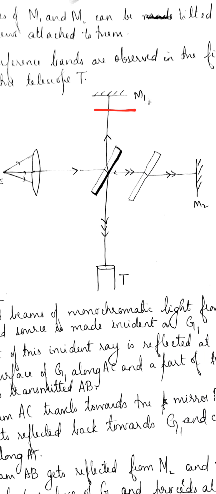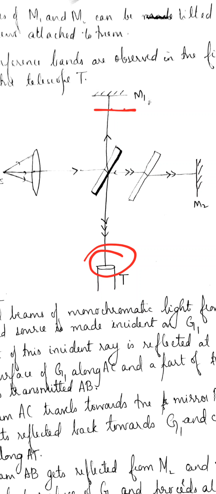So, we can consider the interference pattern that we see through the telescope is due to the superposition of waves getting reflected from the air film enclosed between M1 and M2 dash. That can be given from now on as the explanation for the interference pattern.